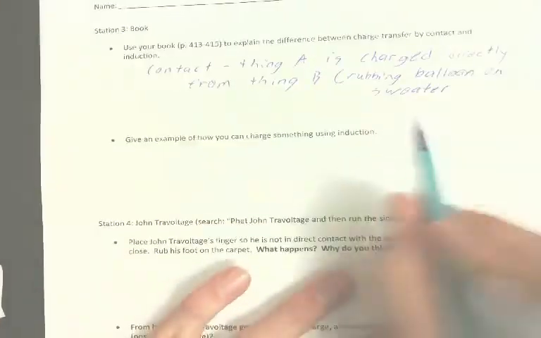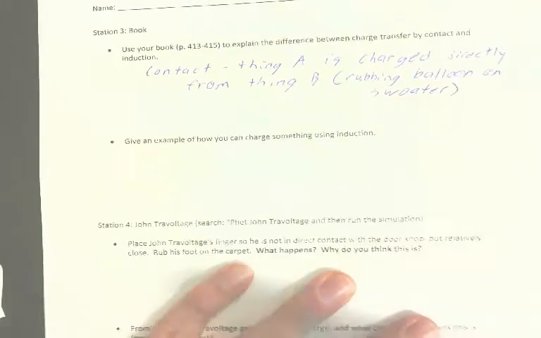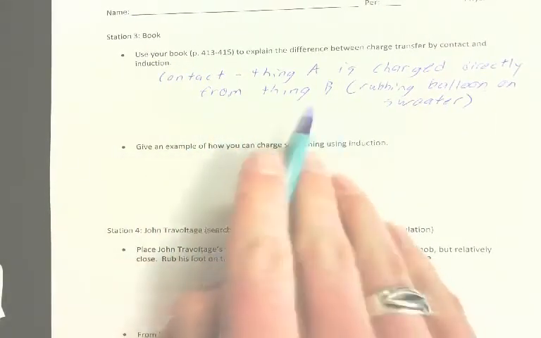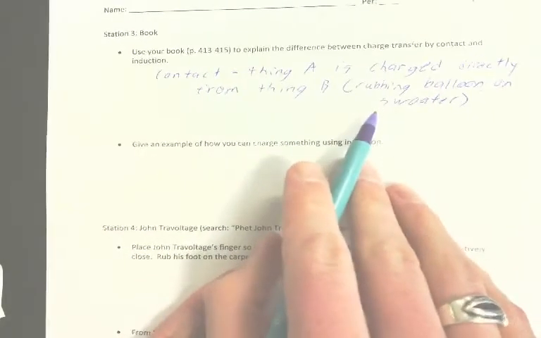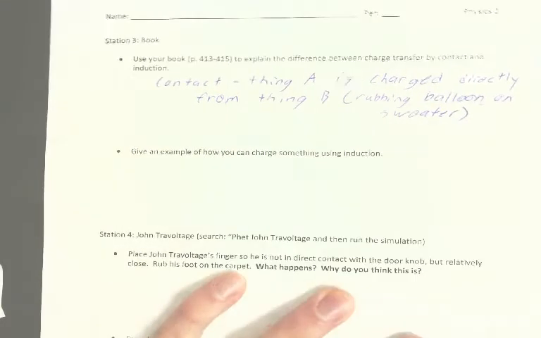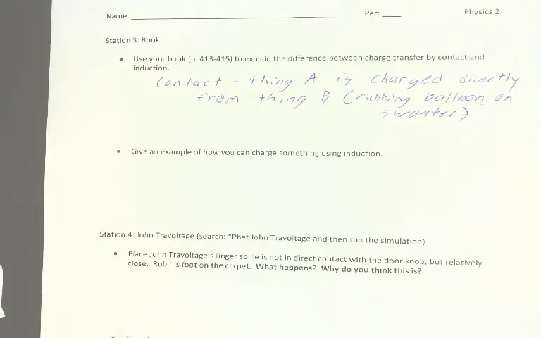So, contact is where you're transferring charge directly from thing A to thing B. An example of this is rubbing the balloon on the sweater. In that example that we did, I'm rubbing the balloon on the sweater, and that's picking up charge directly from there. That's transferring charge by contact.